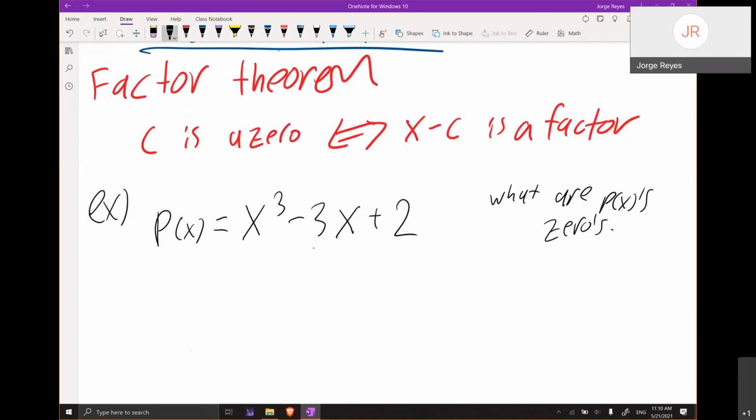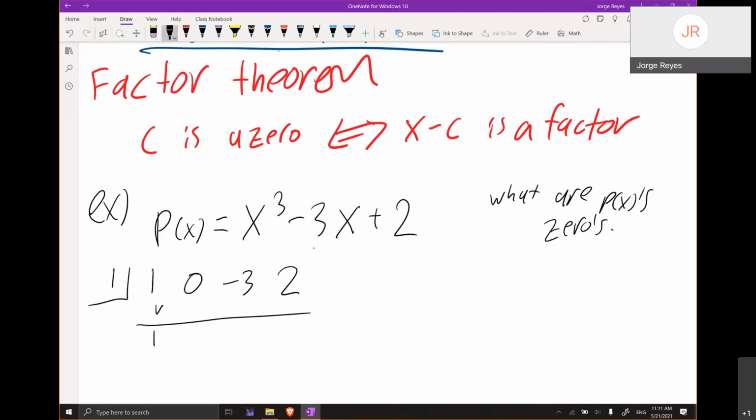In the next section, I'll teach you how to know what numbers to guess. But for right now, I'm just going to tell you to guess 1 is a zero. So I'm going to synthetic divide by the number 1, and let's see what happens.